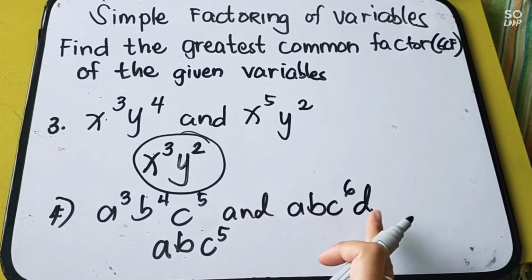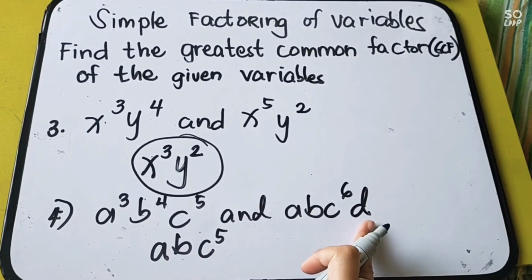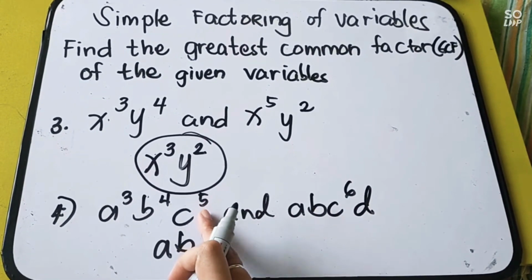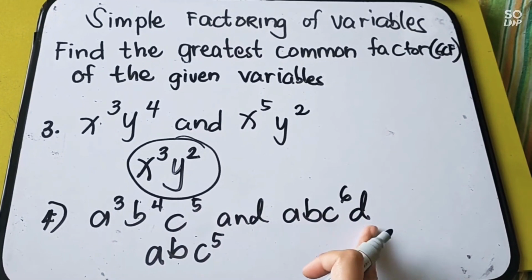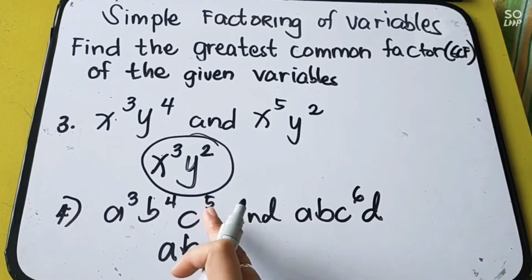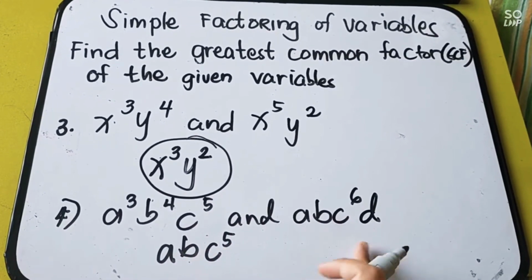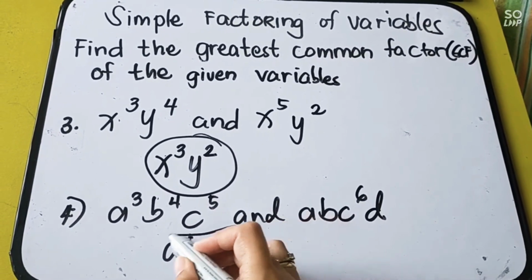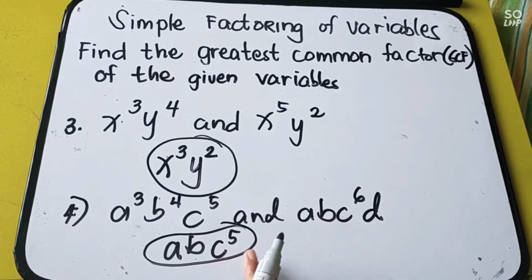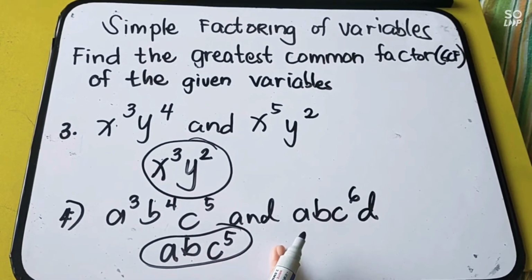How about this one? There is a d in the second given, but here there is none. Is there a common factor? Therefore, we have no common d, because there is no letter d on the other side. So our factor is a, b, c raised to 5. Is it clear?